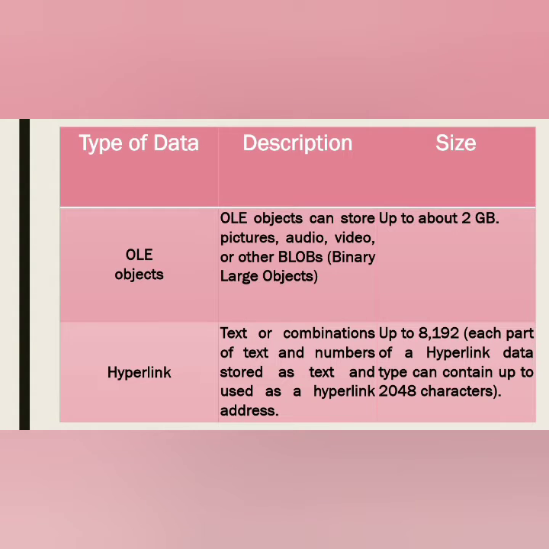Next is OLE object. OLE, that it can store pictures, audios, videos, or other BLOBs, that is binary large objects. Its size is up to 2 GB. OLE stands for object linking and embedding.